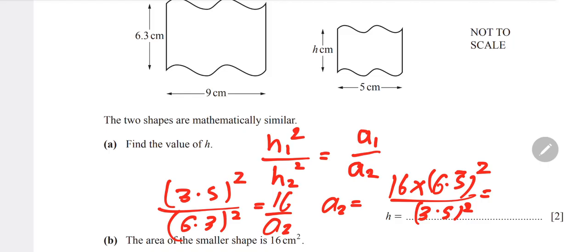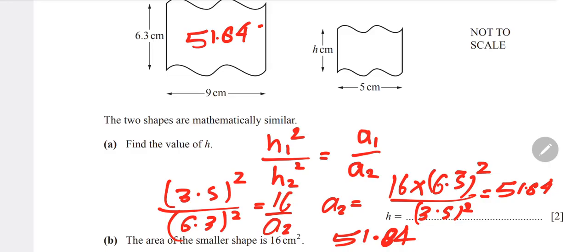After putting these values in the calculator, you get the result around 51.84. So the area of the larger one is 51.84. I hope it is clear. The unit is centimeter square.